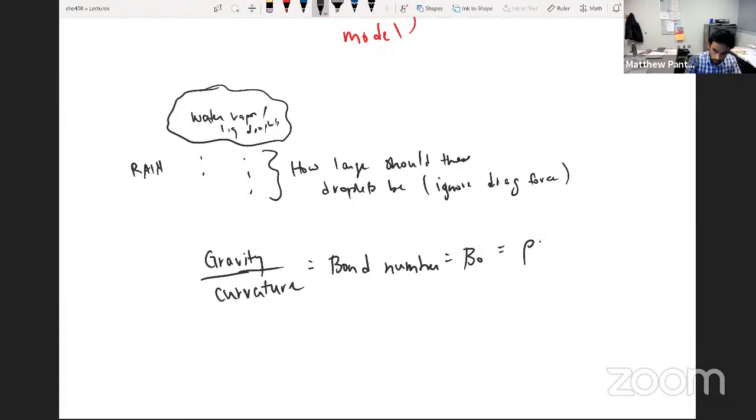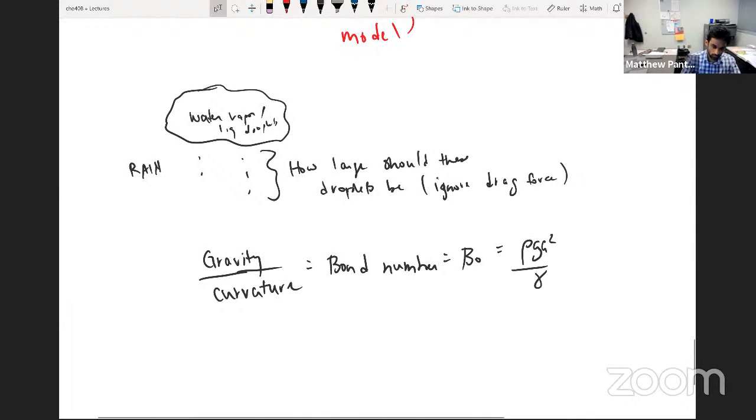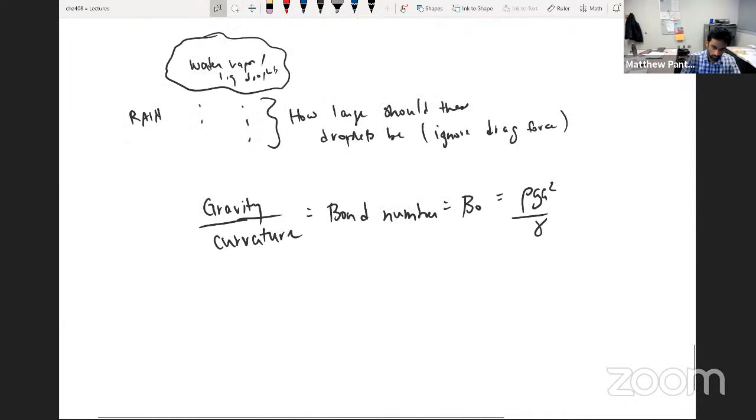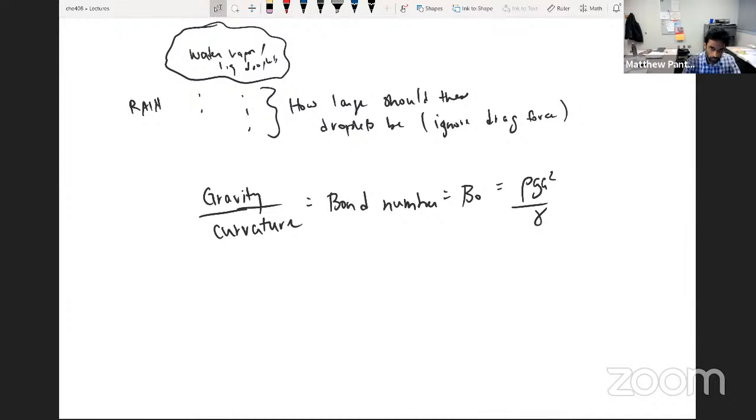This would be rho g a squared over the surface tension. So again, we can say that the balance between these will be when the Bond number is about 1, when those forces balance out.